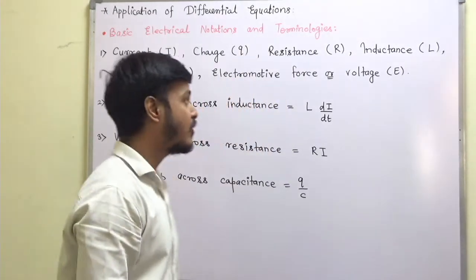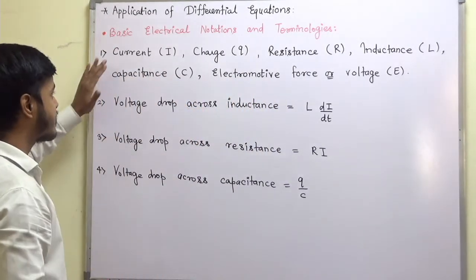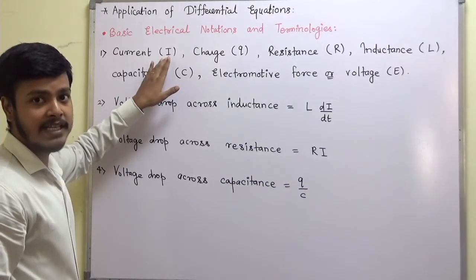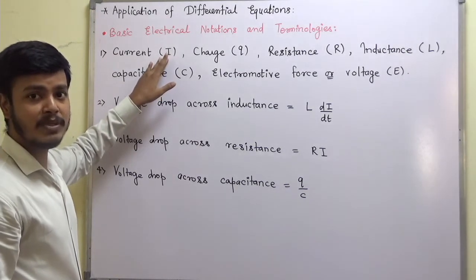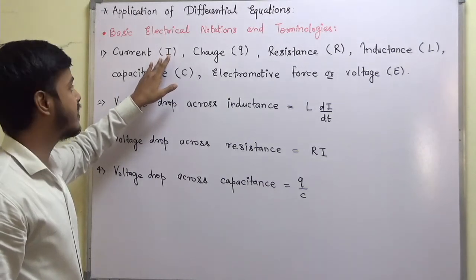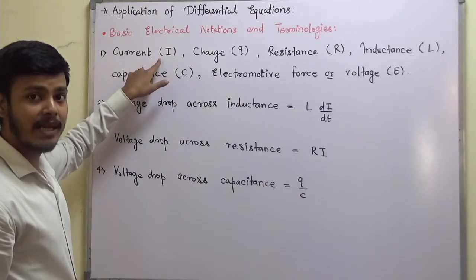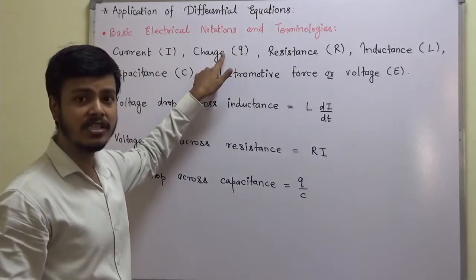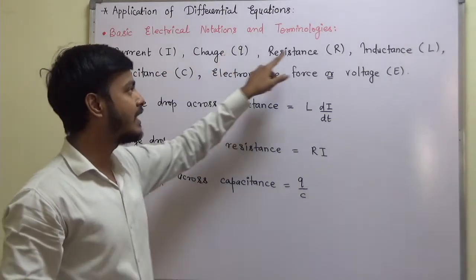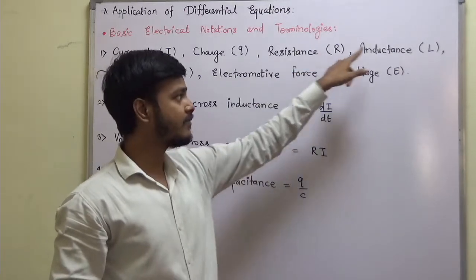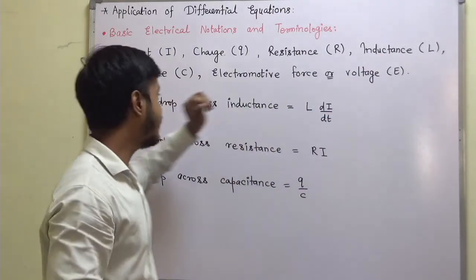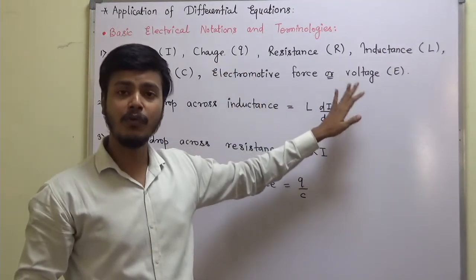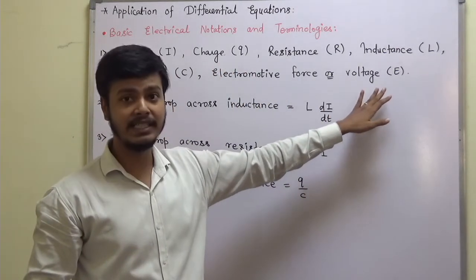First of all, the notations are: for current we are going to denote it by I, sometimes capital I, sometimes small I. It depends on whether it is given as capital I or small I in the given problem. Then charge will be denoted by Q, resistance by R, inductance by L, capacitance by C, and electromotive force or voltage by capital E.